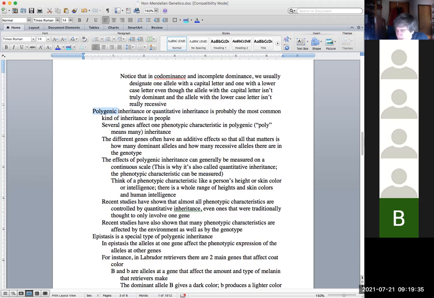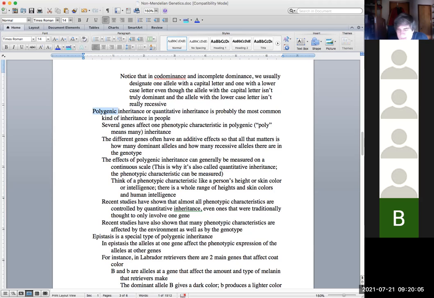There are lots of heights, and typically when we have something that's polygenic, one height blends into another. It's not that you're either 5'5" or 5'6". You could be anywhere in between 5'5" and 5'6". Skin color is another polygenic inheritance. There are lots of skin colors that kind of blend into one another. There's not just a few possibilities with nothing in between.